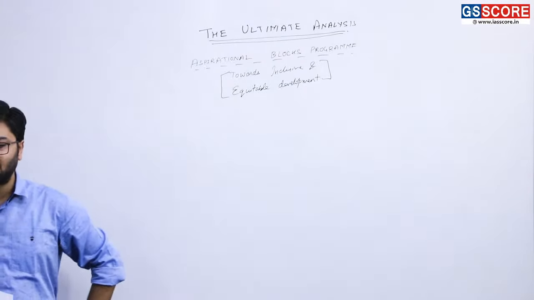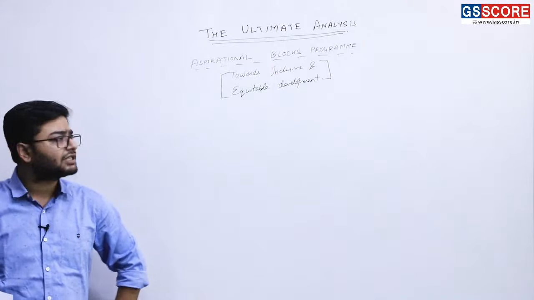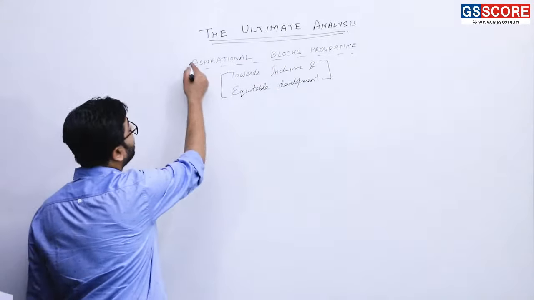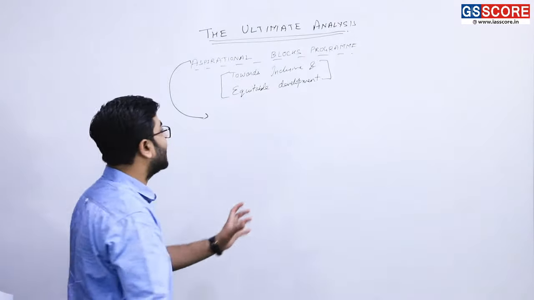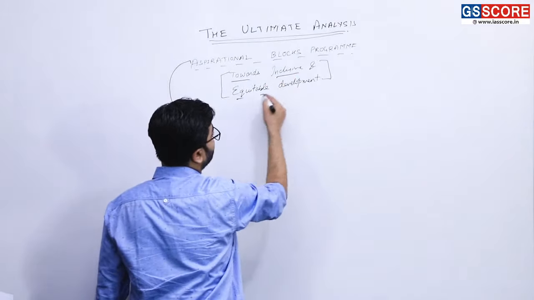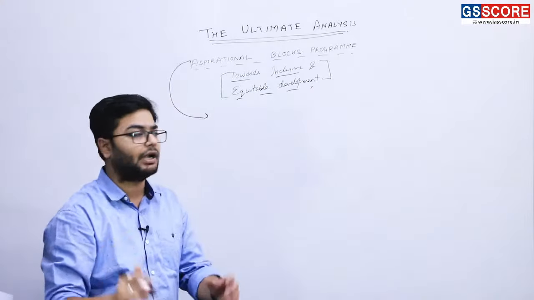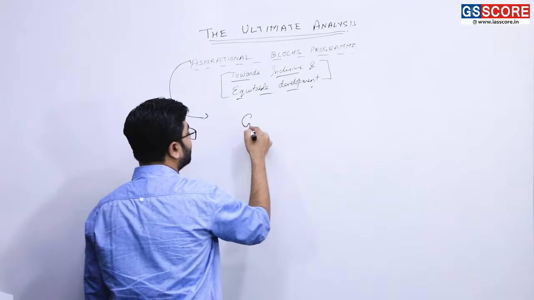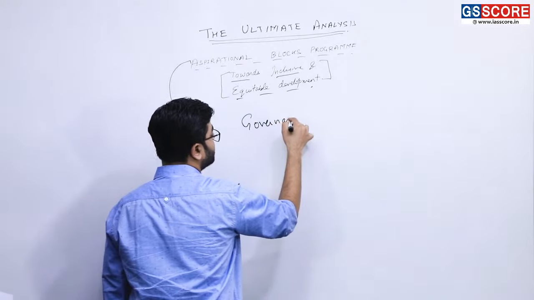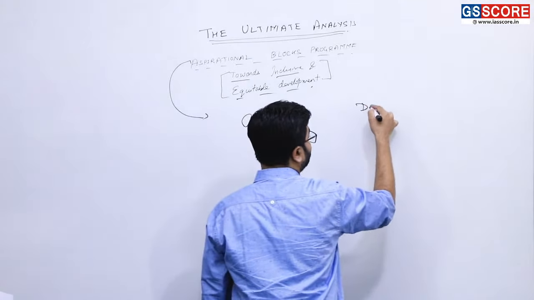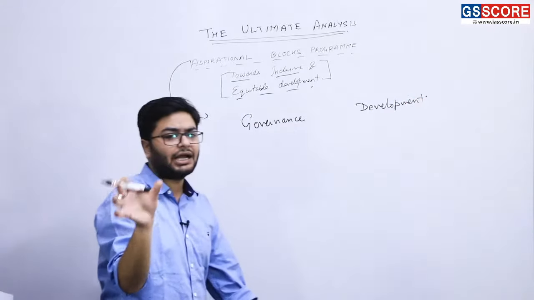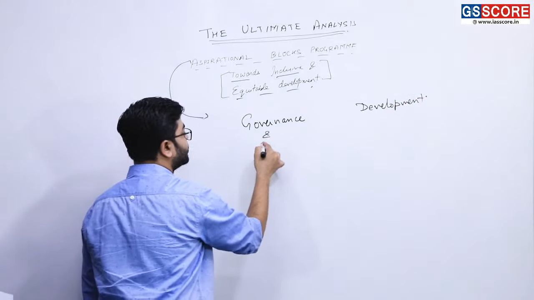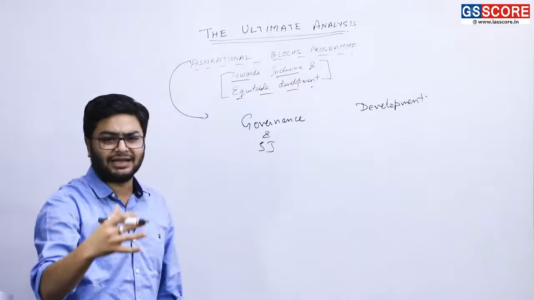So when we look at the aspirational districts program, aspirational blocks program, we will first have to understand that when we are saying towards inclusive and equitable development, the relationship between things like governance, development, and the entire idea of the discipline of governance and social justice, because things are linked.